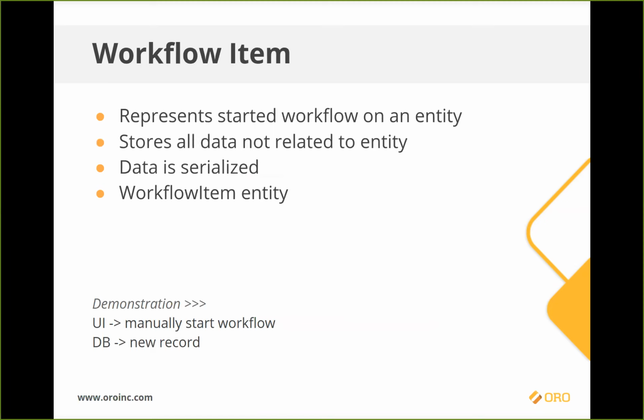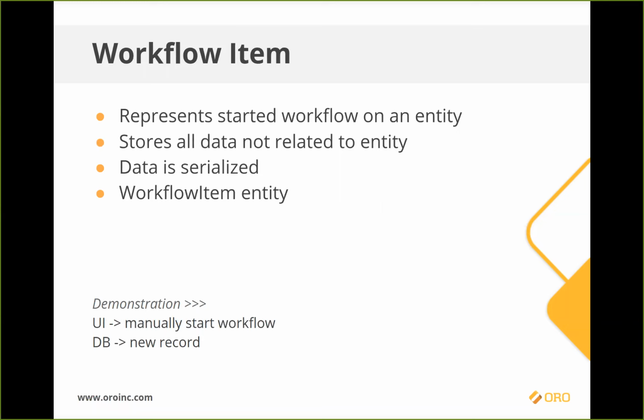Now, one of the most important entities in the workflow is workflow item. This represents the status of specific entity in specific workflow. So once we started the workflow for the contact, the workflow item for this specific entity in this specific workflow was created, and if there is any data not related to entity itself.